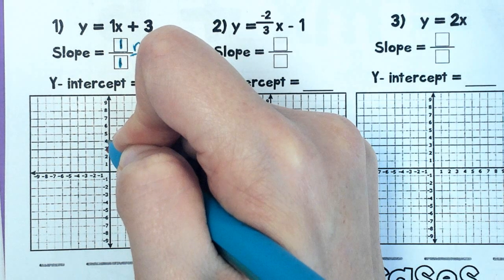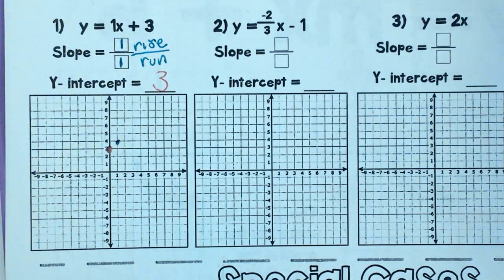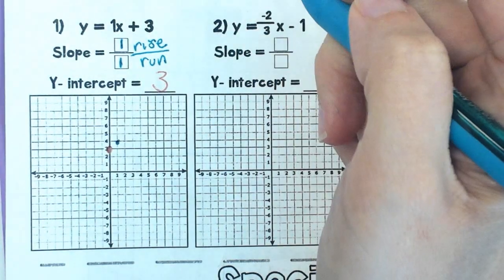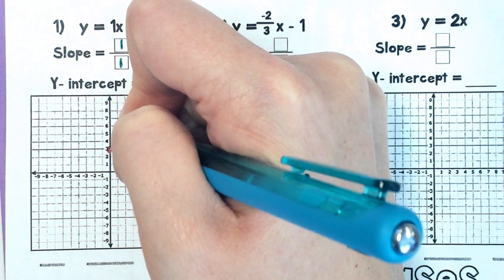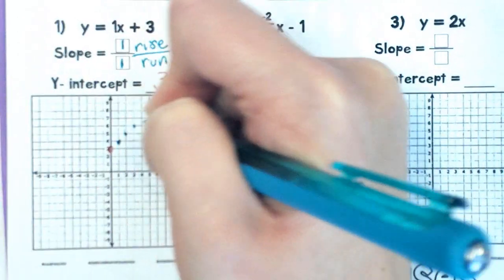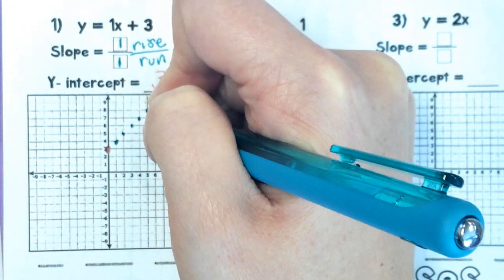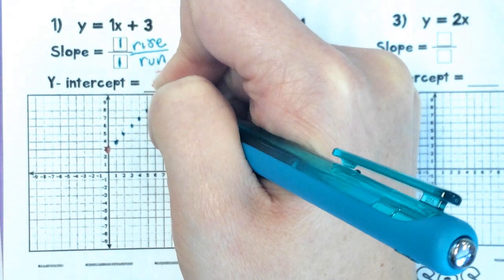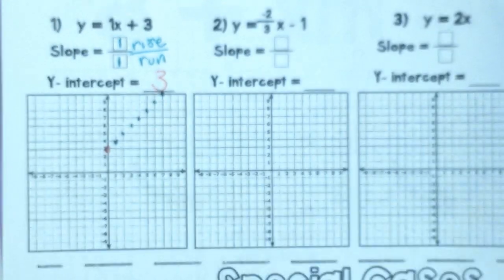Running a positive 1 means I'm going which way? Right 1. So go up 1, right 1, put a point. And we're going to keep doing that until we get all the way across the graph. Up 1, right 1, and repeat, and that's as far as I can go that direction.